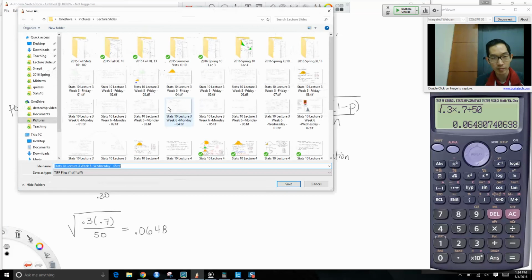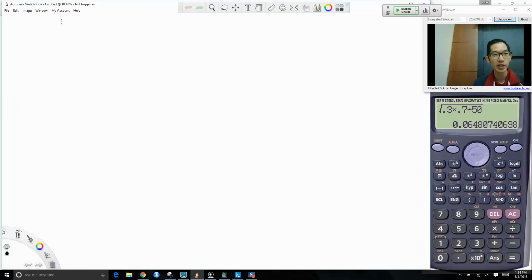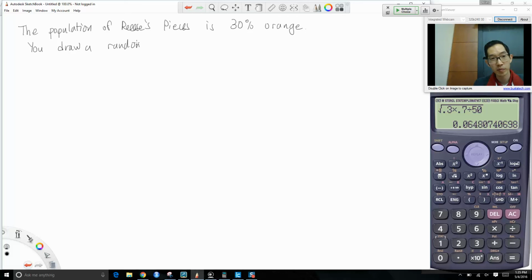Okay, so we'll say the population of Reese's Pieces is 30% orange. You draw a random sample of 50 pieces. So far everything is what we have seen here, okay?